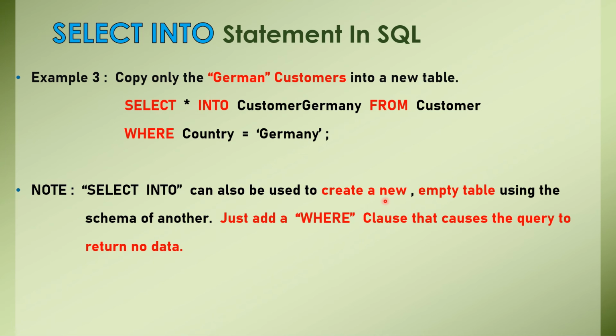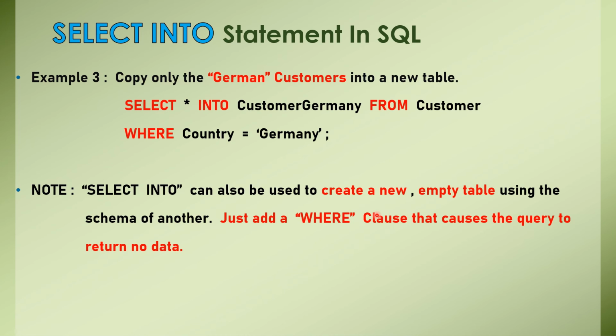In that case you will think, okay, I can type it down and write the query for the new table again. But suppose your old table has 100 columns, then is it feasible for you to write it down again if your requirement is just to have the same schema for the new table? So in that case, you just need to add a where clause that causes the query to return no data. Basically, you give a where clause where the condition is always false.